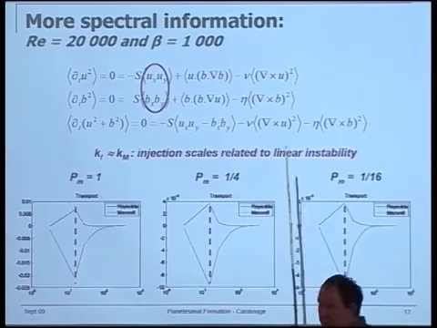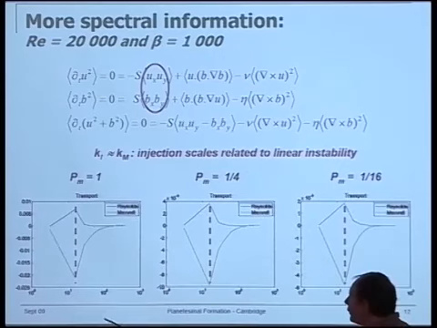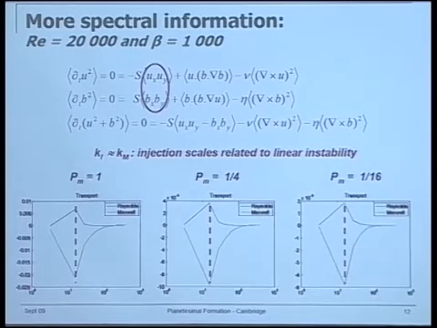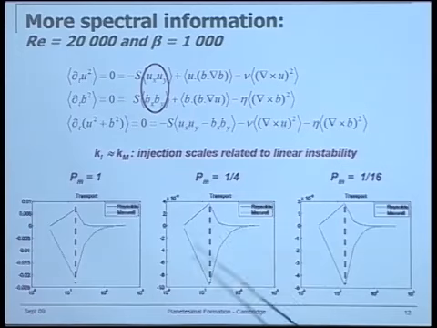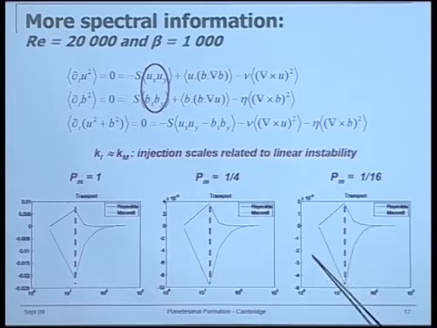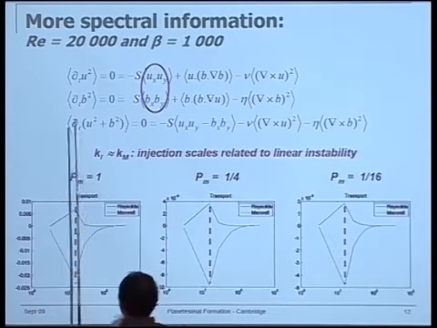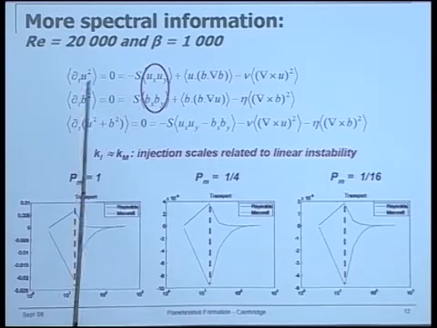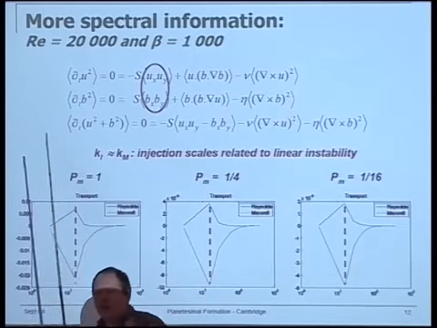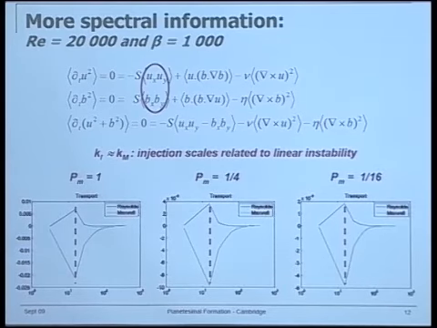Okay, so first looking at these, the injection. This is for the largest PM, intermediate PM, smallest PM. They look pretty much alike, except that if you pay close attention, you'll see that there is a change in scale by a factor of 2 each time you decrease the Prandtl number. This is the spectrum of this thing. This maximum injection actually corresponds to the K of the most unstable channel mode.